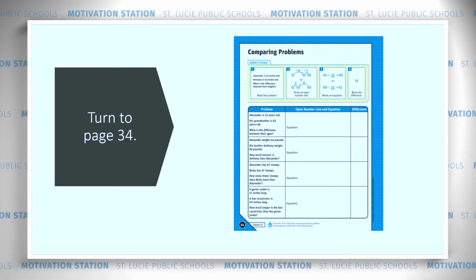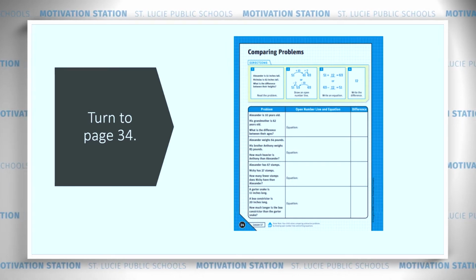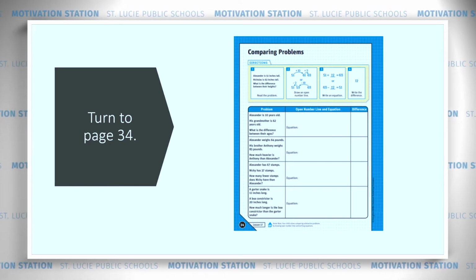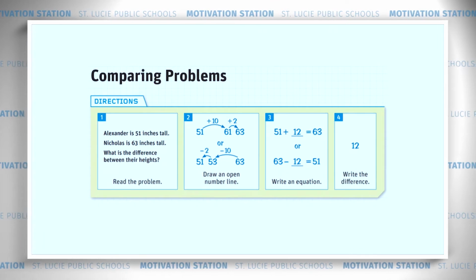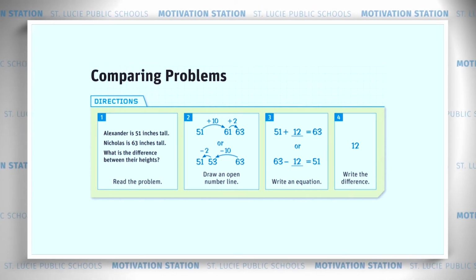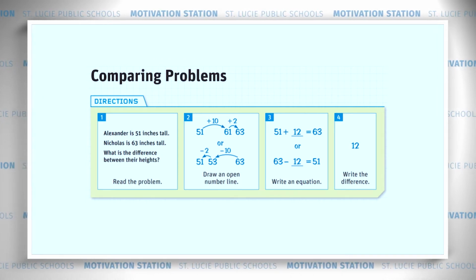Now, go ahead and turn to page 34. On page 34, you will find the problems that we were just practicing with. Let's read the directions for this page together. Comparing problems. Step 1, read the problem. Step 2, draw an open number line.